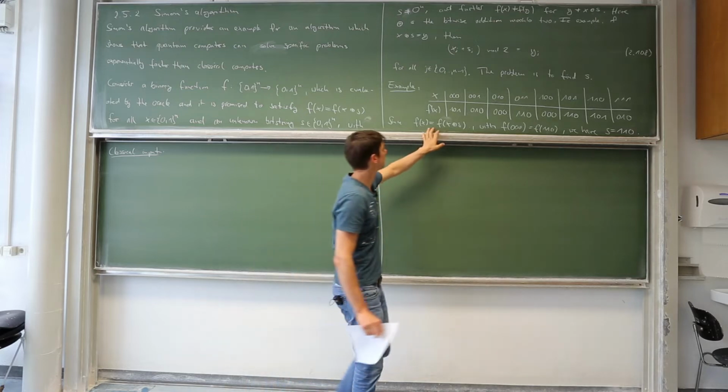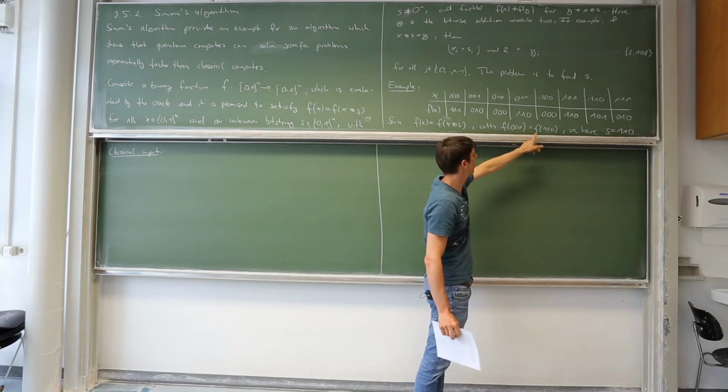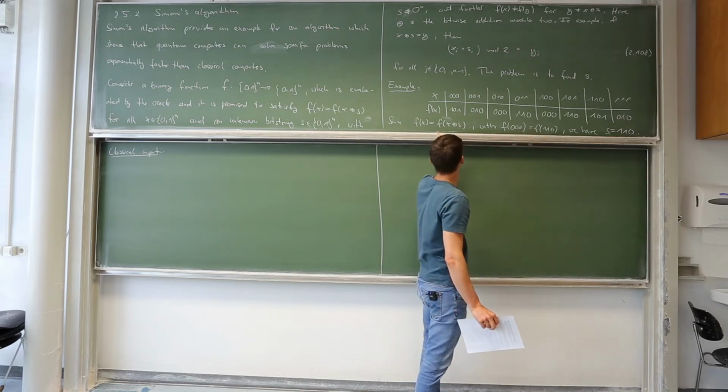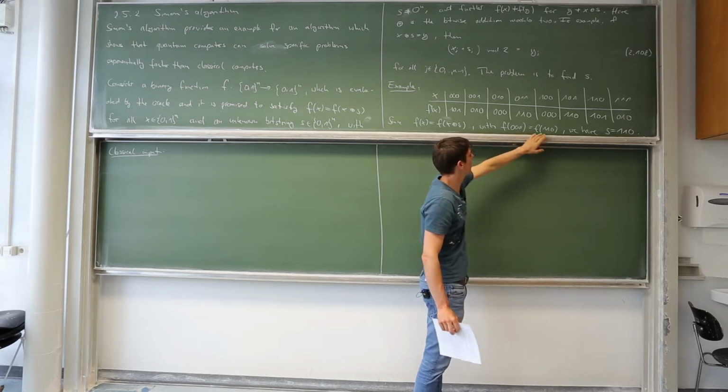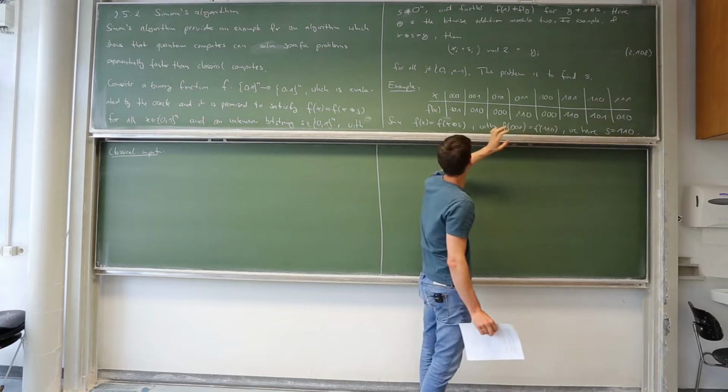And here, for example, f of 0, 0, 0 has the same outcome as f of 1, 1, 0. And then using that, this argument must be the same as this argument plus S, we found S. You can do this with any other.